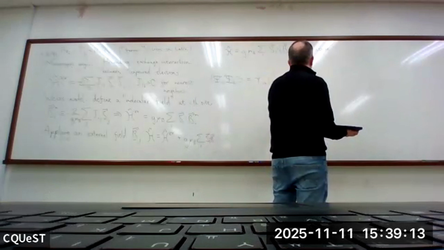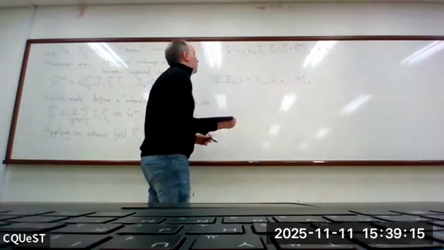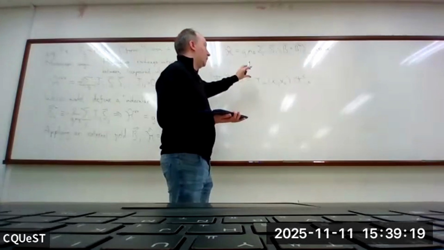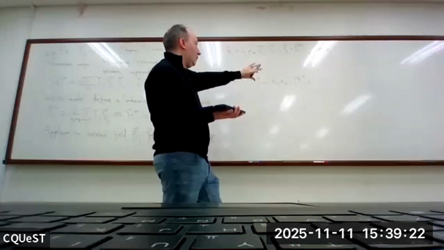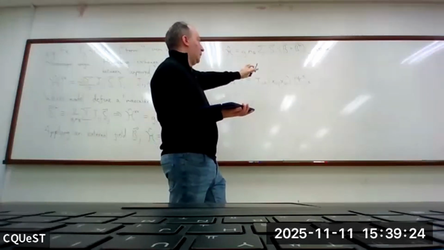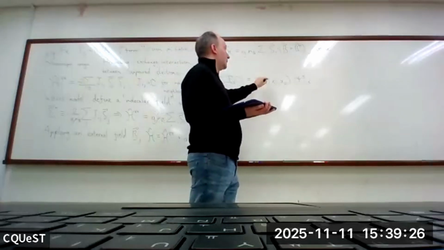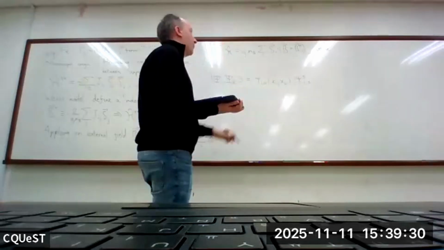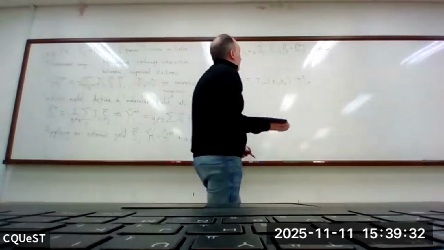Since they cannot occupy the same state, you will have either this antisymmetric and this symmetric, or this symmetric and this antisymmetric.